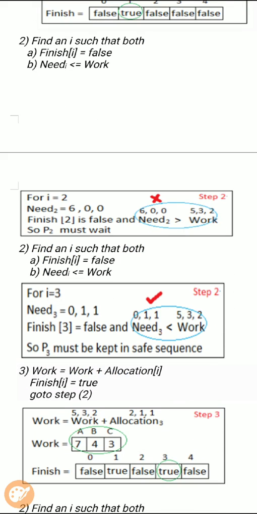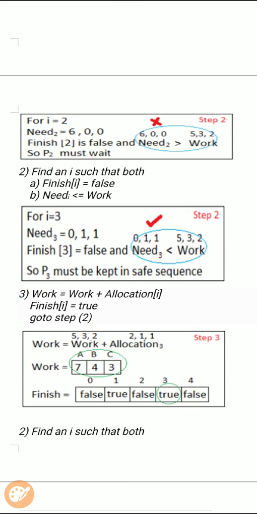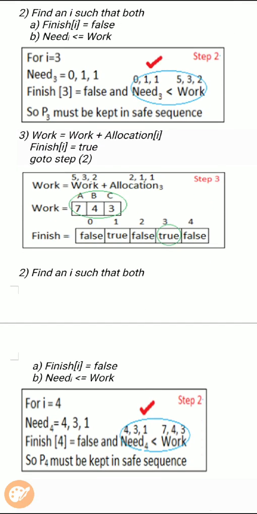Then we incremented I by 1. The process P3 need is less than or equal to work, so it will be added into the safe sequence. Then the allocated matrix of P3 is returned back to work. Because of that, work will be 743. Finish of that we mark as true.